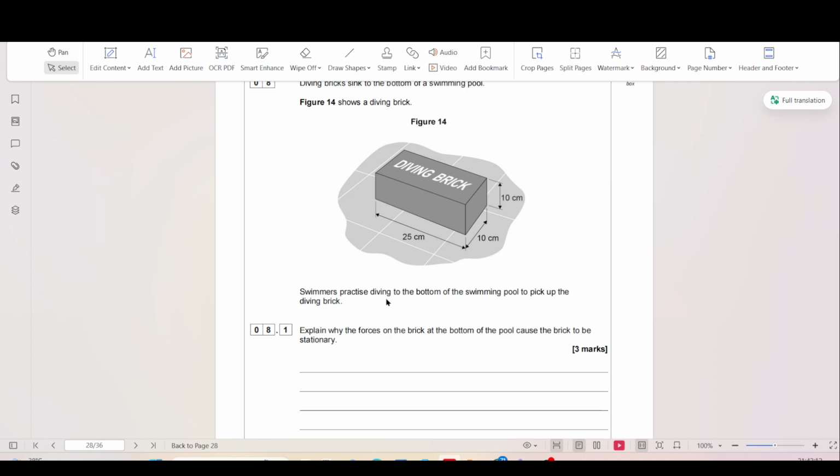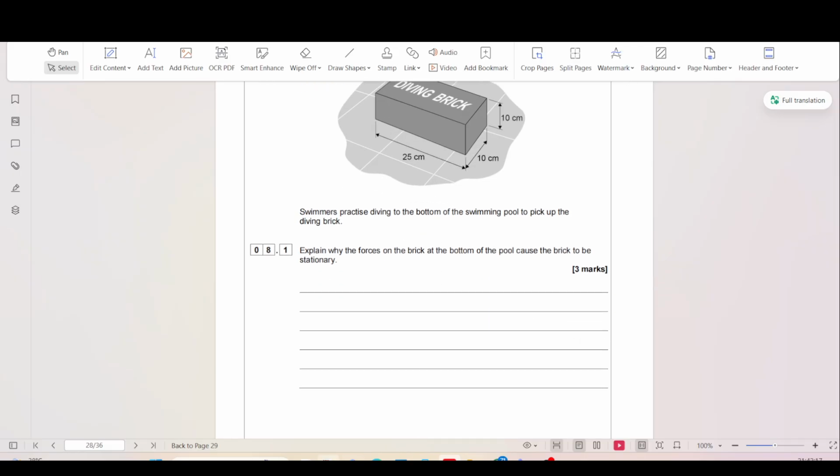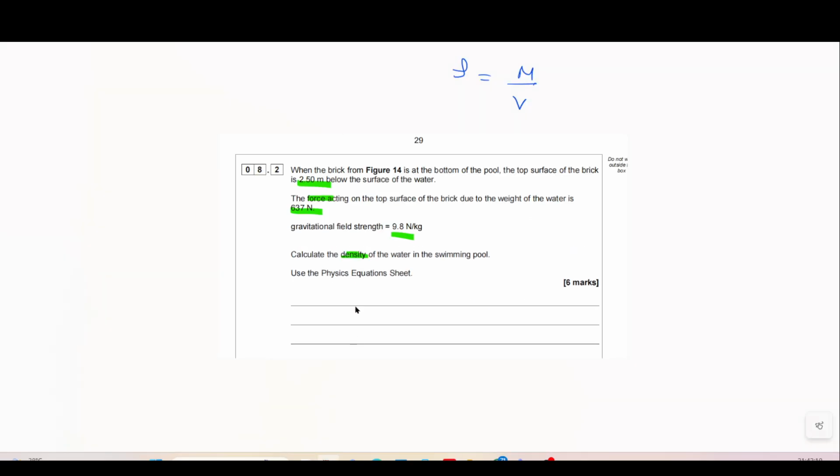What's the calculation for volume in mass? Do I have to use that? No. We have to calculate the density of water in the swimming pool.